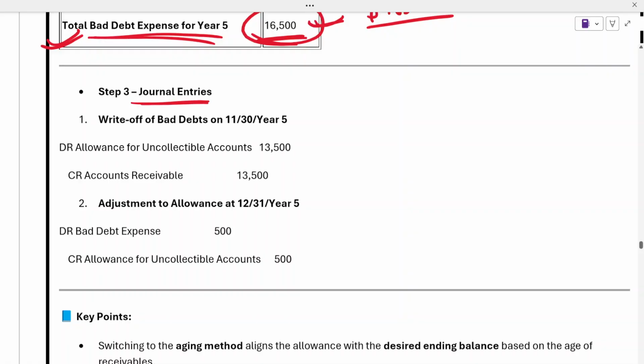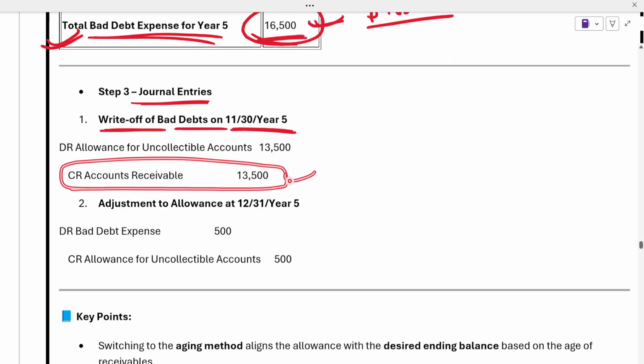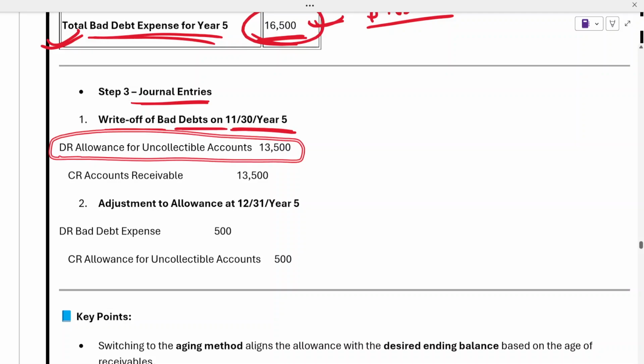Now what general entries we need to pass for that? The first general entry will be for write off of bad debts as on 30th of November, because we need to write off the bad debts. So when writing off the bad debt, we know that our accounts receivable will be reduced, so we are crediting it. And while doing the write off, we always debit our allowance, because we are taking the money out of this allowance for uncollectible accounts, which is 13,500.